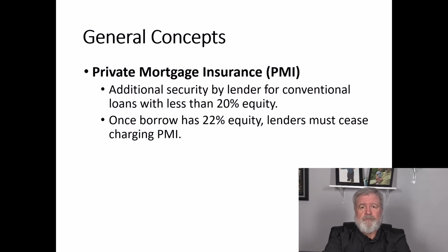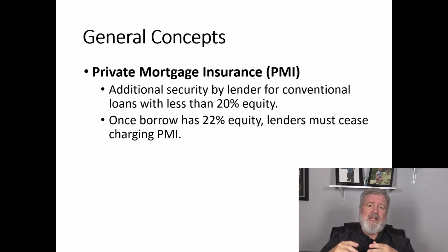mortgage insurance. Well, again, if you're getting a conventional loan and you can't or don't have 20% to put down, you're going to be paying mortgage insurance on top of the loan expense, what it costs to borrow the money. But now here's the good news with these conventional loans.